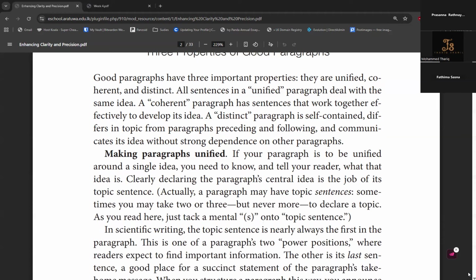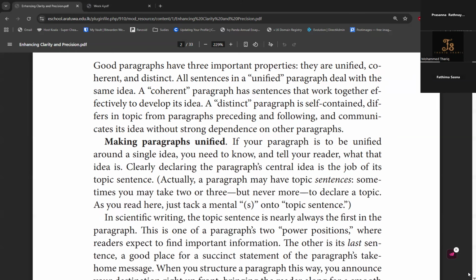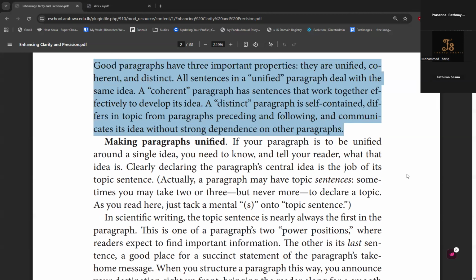I want first Tariq to read yourself while Sasna also reads herself the first paragraph and give me in one sentence what is the main idea of this paragraph. And then Sasna will be doing the same with the second paragraph.